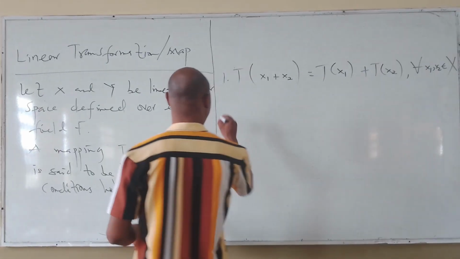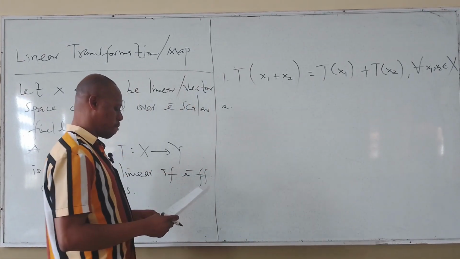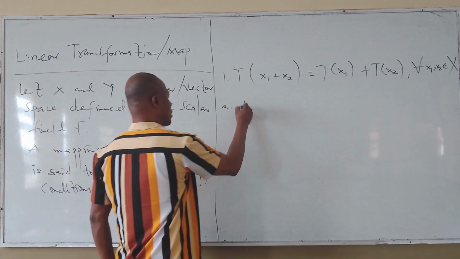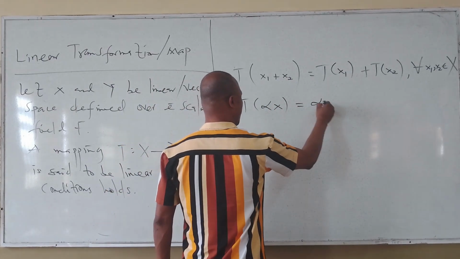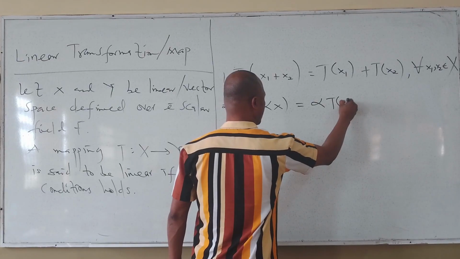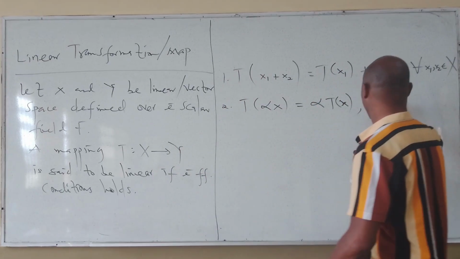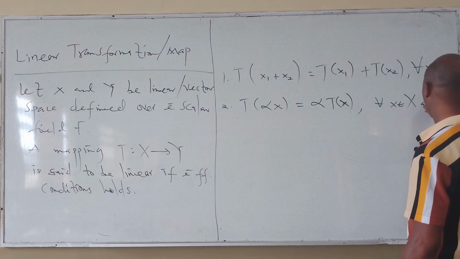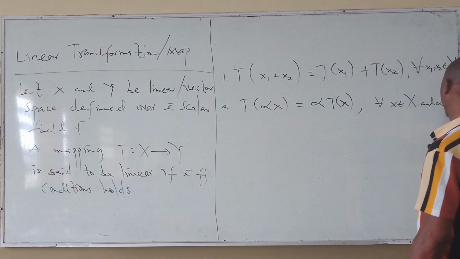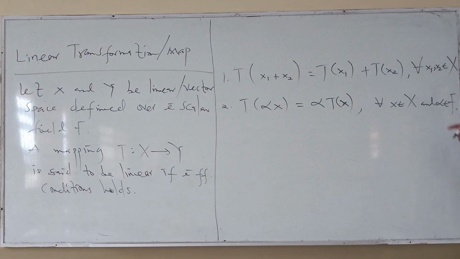The second condition: T of alpha x is equal to alpha T x, for every x a member of capital X, and alpha a scalar, a member of the field F. Okay, good.